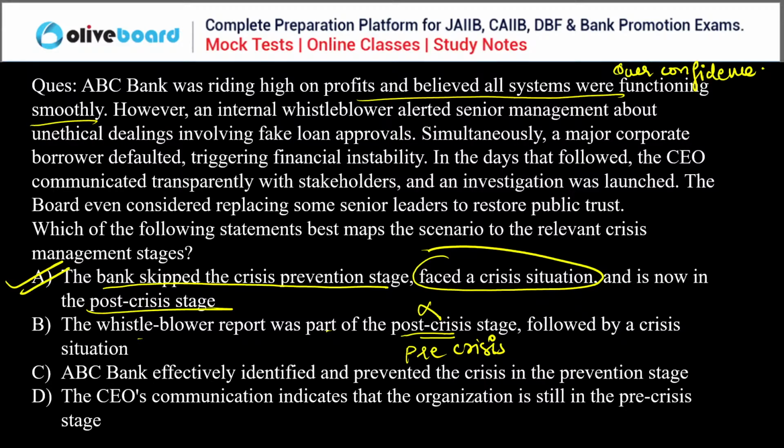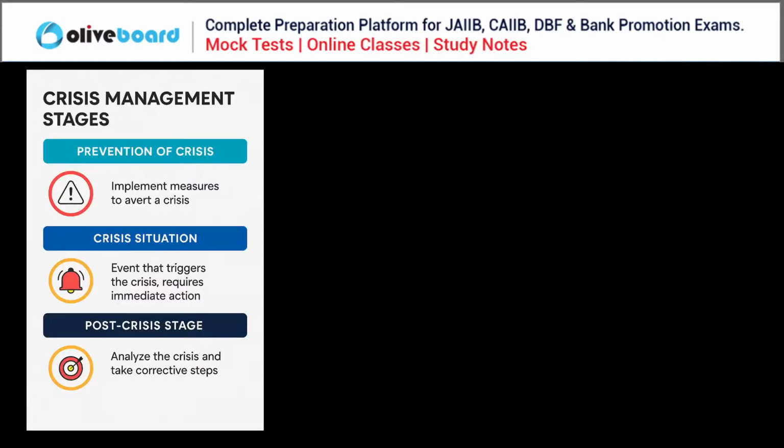Okay, so we know that we have the three stages of the crisis. First stage is the prevention of the crisis stage, or you can say it is called a pre-crisis stage, where the implementations should be taken to prevent the crisis, like the whistleblower policy.